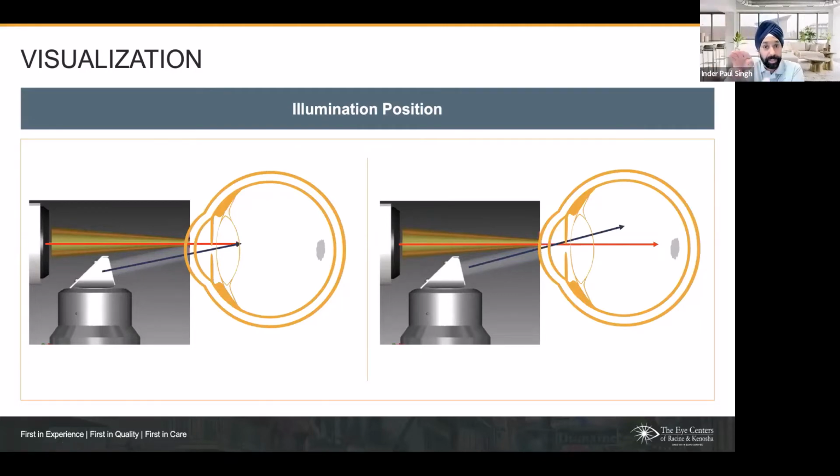Now they converge here at the posterior capsule. What if you have a floater on the right here? If you have a floater on the right, it's more in the middle or posterior vitreous, but you're crisscrossing your illumination tower and your aiming beam and your oculars, you don't see the floater. So a lot of the floaters that we want to treat, we just can't visualize with traditional YAG lasers. That's why coaxial illumination is so important.